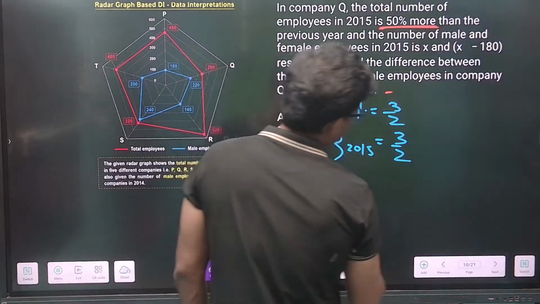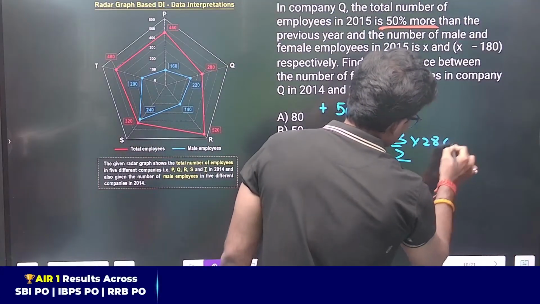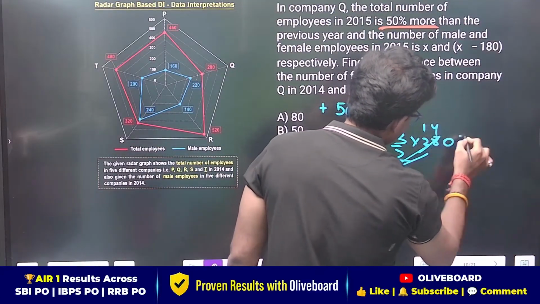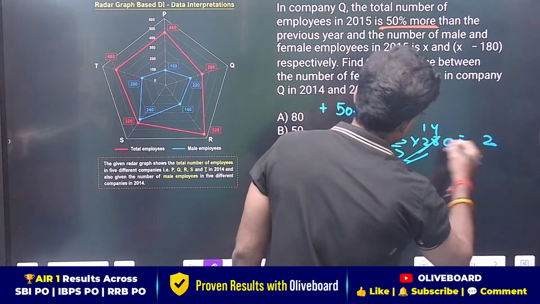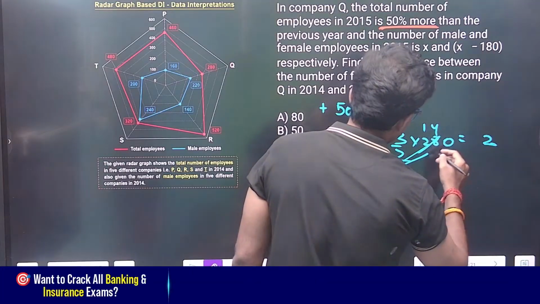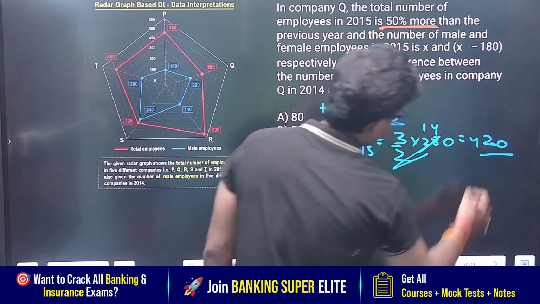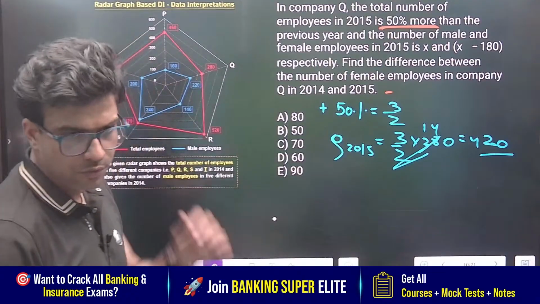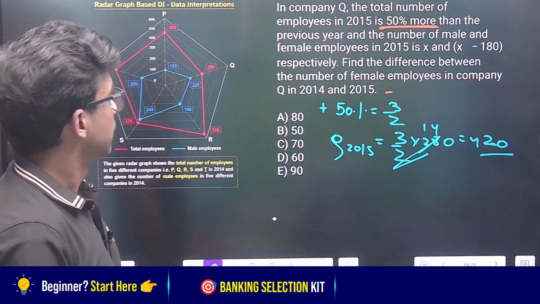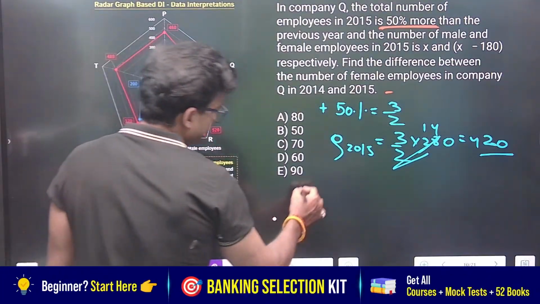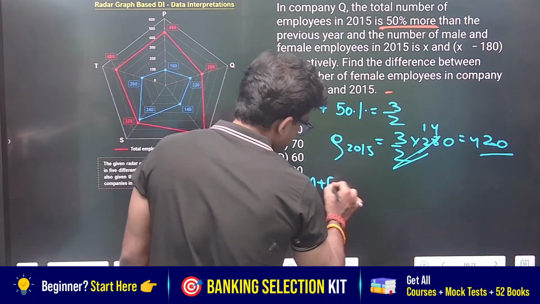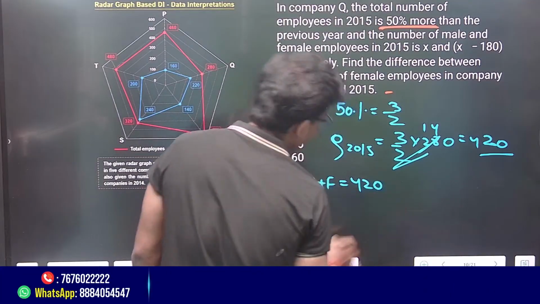So basically 280 times 3 by 2, 420 would be the total, right? Now 420 is basically, can I say male plus female? Male plus female is basically 420, right?